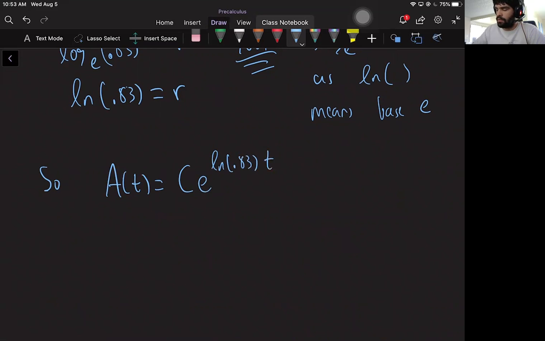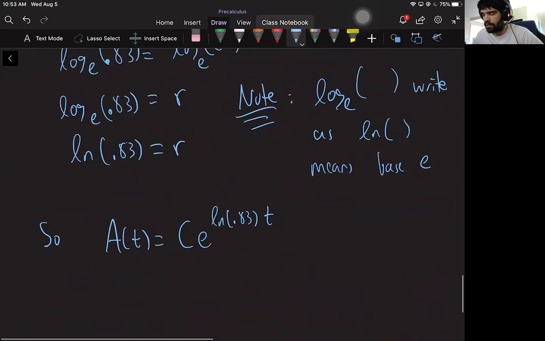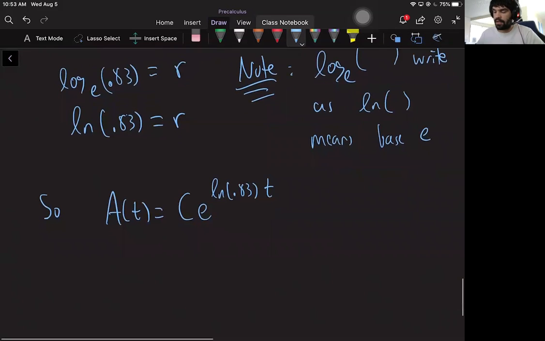And if you want, you could put ln of 0.83 in a calculator to estimate, and you'll see that it's a negative number, because the rate, that's what r stands for, should be negative because the stuff is decaying in this problem. Okay, so now we can find the half-life.